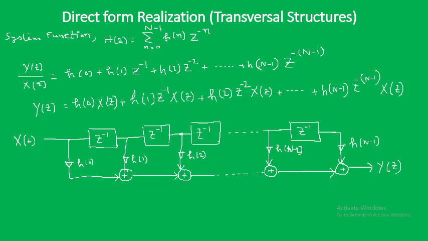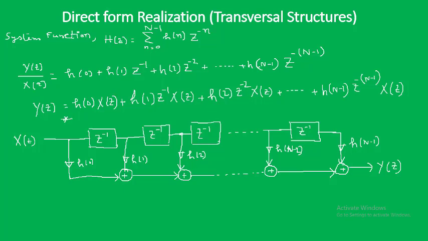If we expand this summation, we get h of 0 z to the power 0, that is 1, so we have not written it here, then h of 1 z inverse, h of 2 z to the power minus 2, and so on, up to h of N minus 1 z to the power minus N minus 1. Now if we cross multiply and take the denominator to the right hand side, we get Y of z equal to h of 0 X of z plus h of 1 z inverse X of z, and so on.